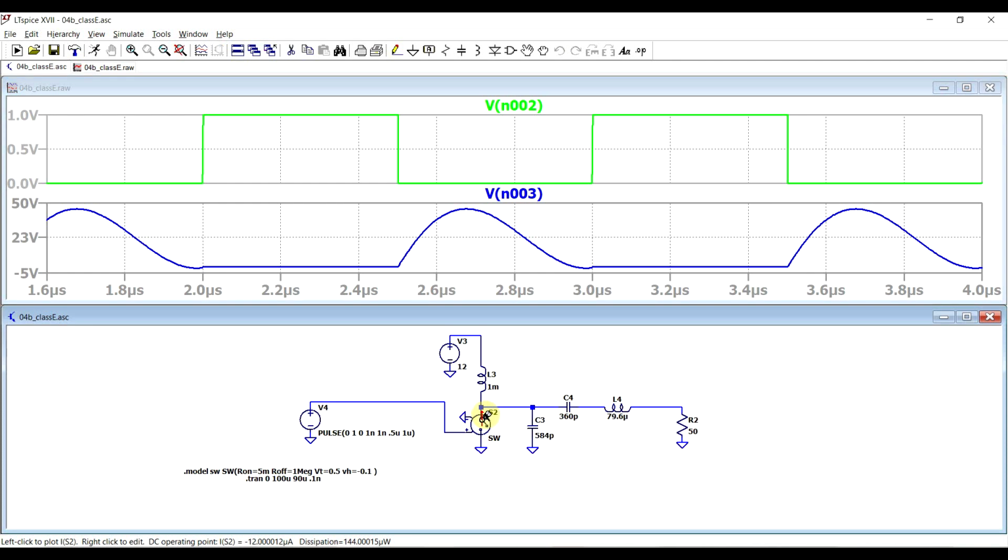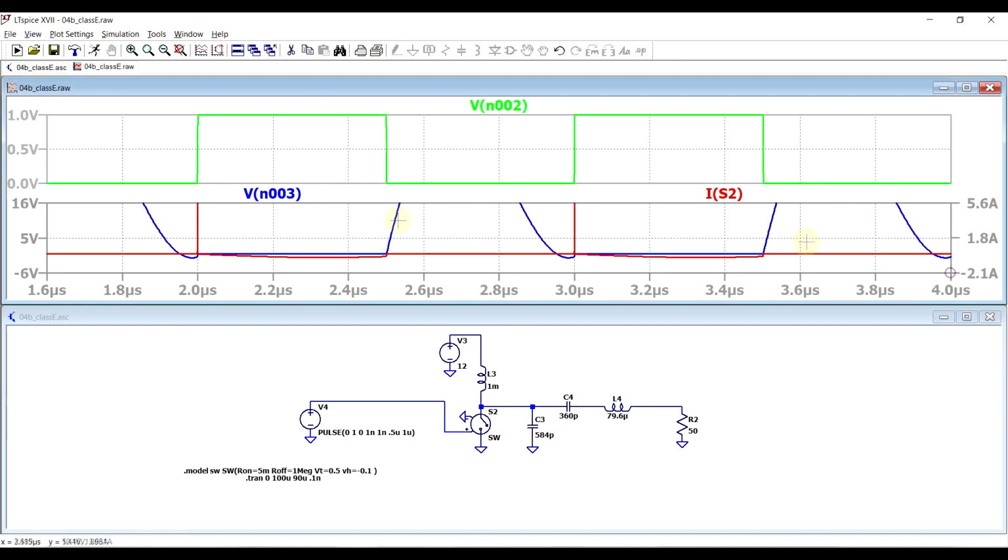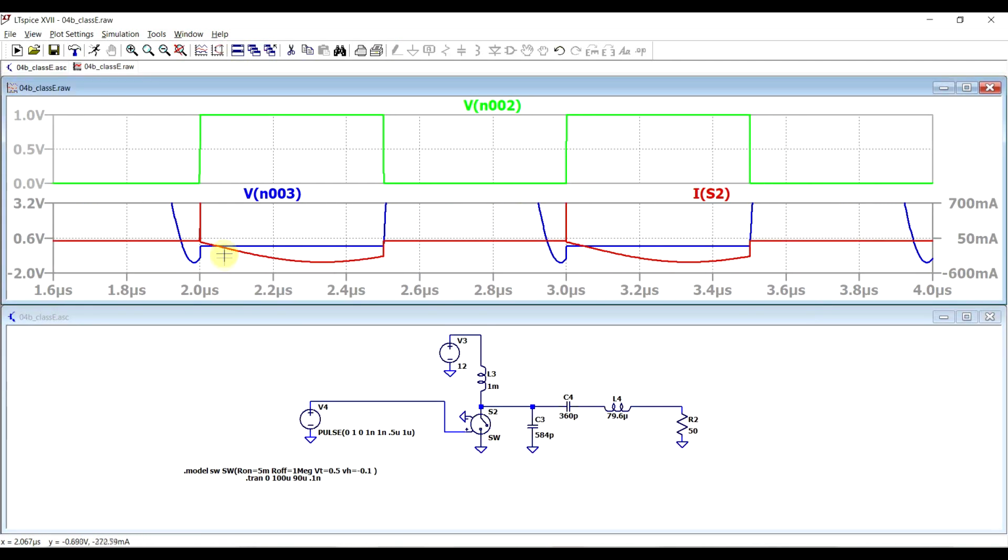And if we look at the current running through the switch, maybe just zoom in a bit. So we are getting some spikes, but other than that, the useful current that is going through the switch, at least at the turning on transition, is almost 0. So for the rising edge of the input signal, we are getting both 0 voltage switching and 0 current switching.